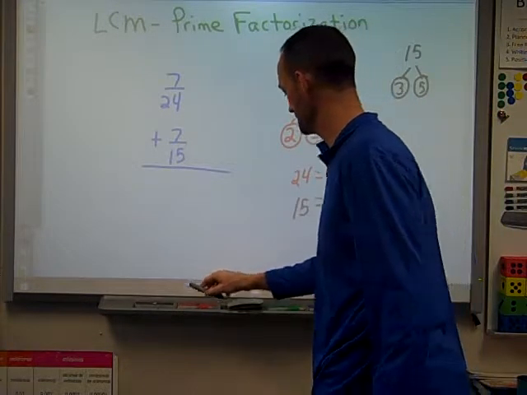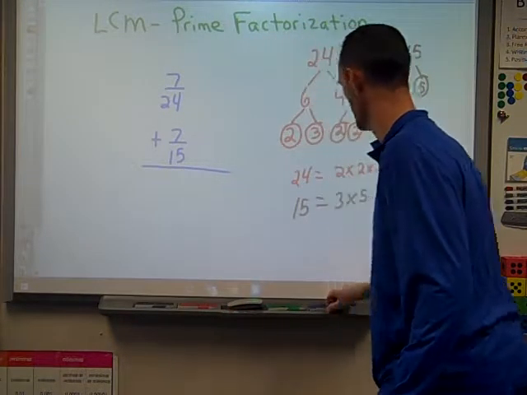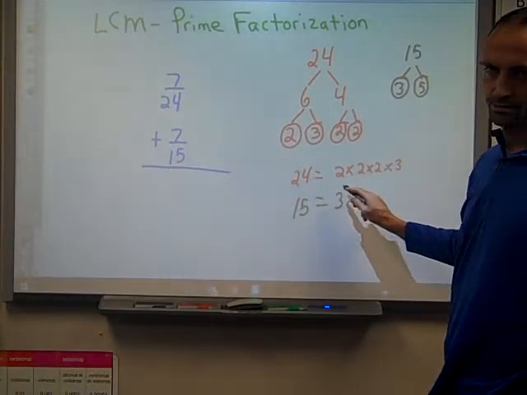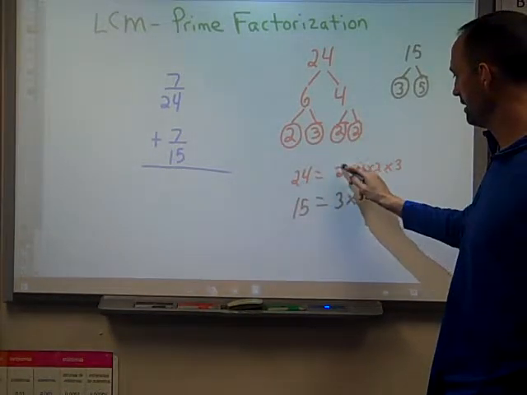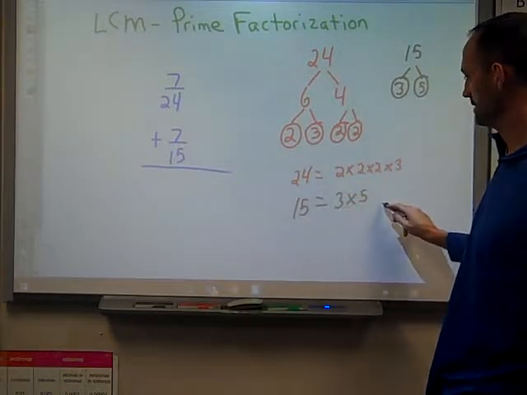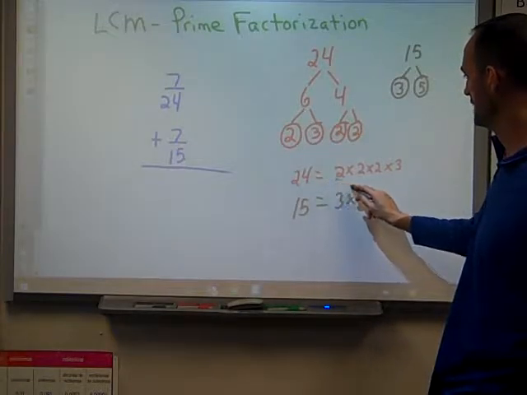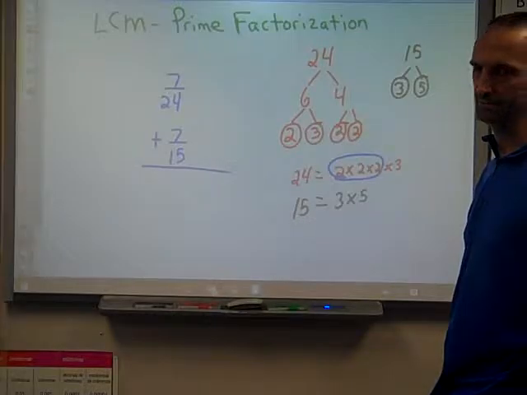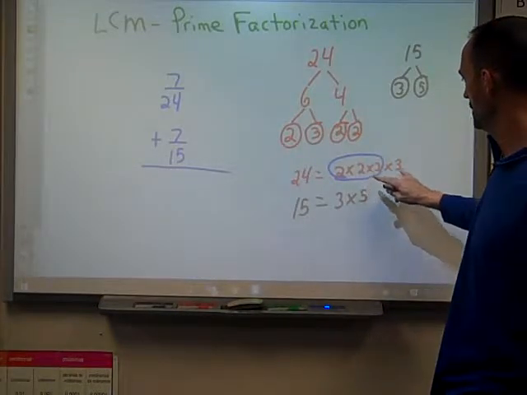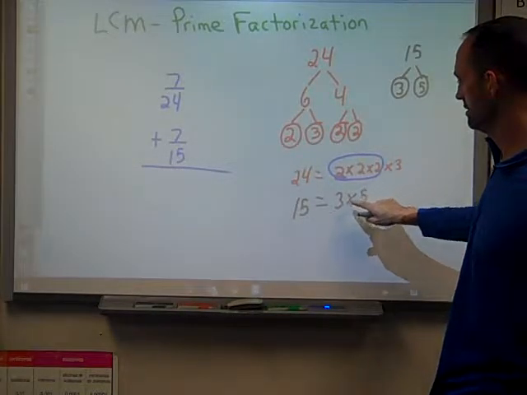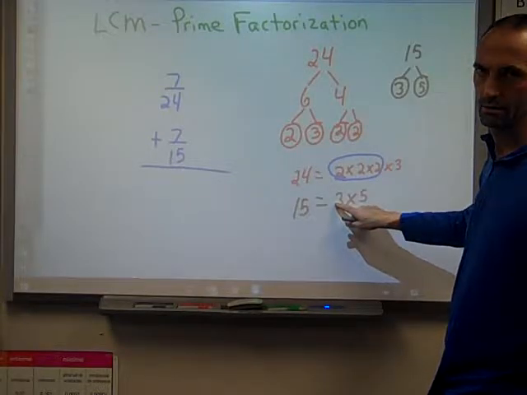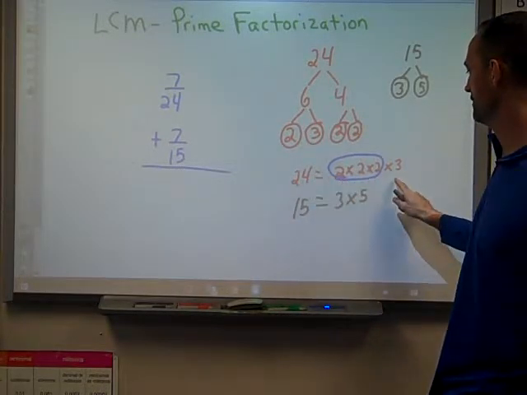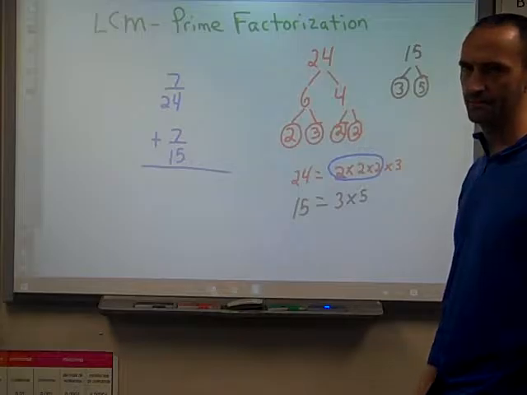So students start with looking for 2's. And there are 2's listed here. 24 has 3 of them, so I'm going to use all 3 of those. Okay? 3 is listed here and here. 3 is listed with 24, 3 is listed with 15.